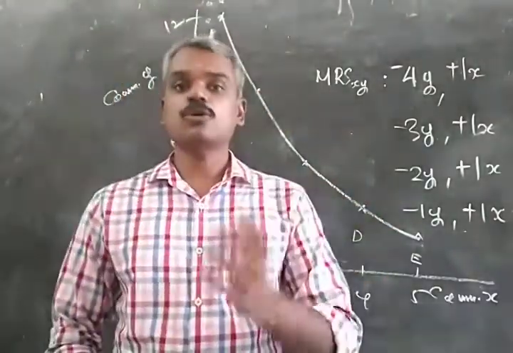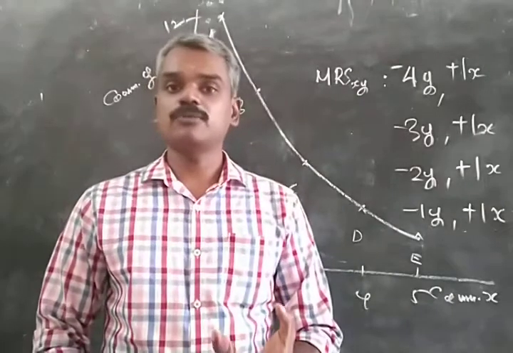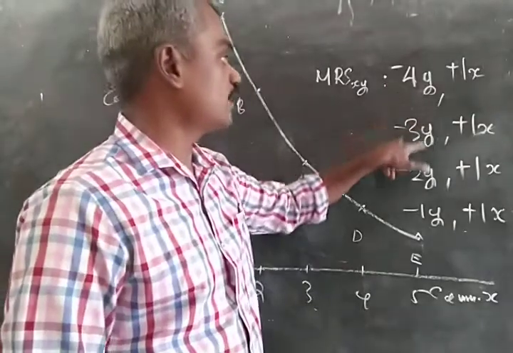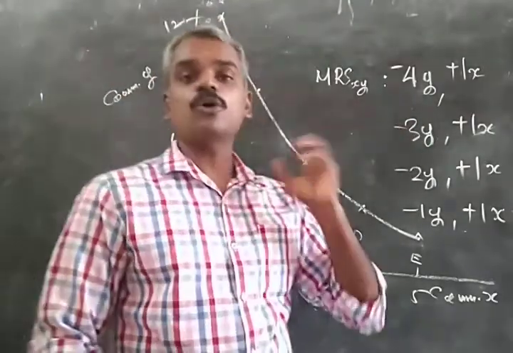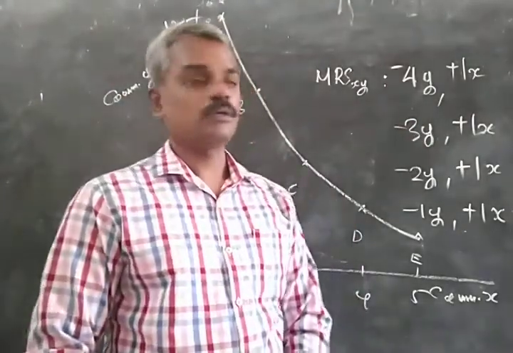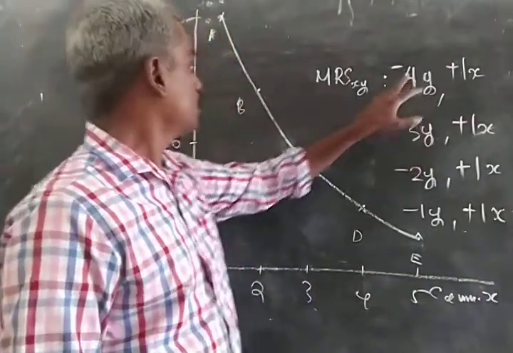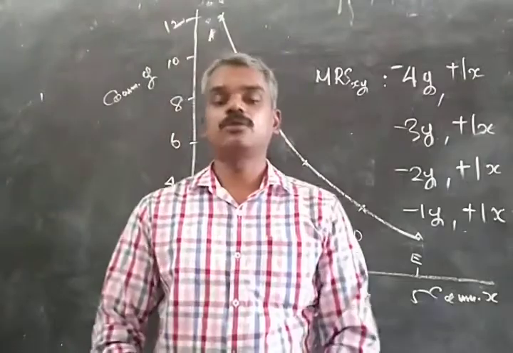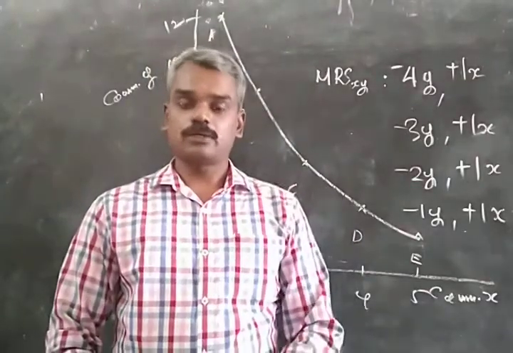And the second reason why the marginal rate of substitution is falling is that as the consumer has less and less stock of a commodity, the utility from that commodity increases. That is, when he is giving up y, his stock of y is falling. Initially he had 12 y's and the marginal utility of y was quite low.